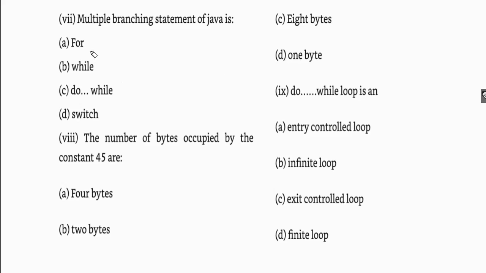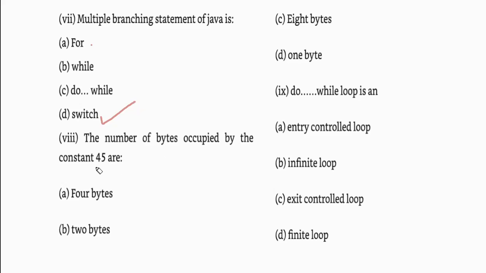On some condition the program control goes one way or the other, but for is not a multiple branching because it goes only in downward direction. Only one condition is being checked here. Same is the while, same is the do while. So the switch is basically the option, the case where on the basis of one variable you can go for different cases. So that's a multiple branching statement.